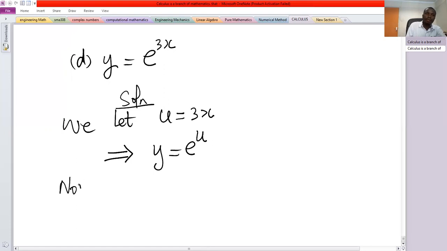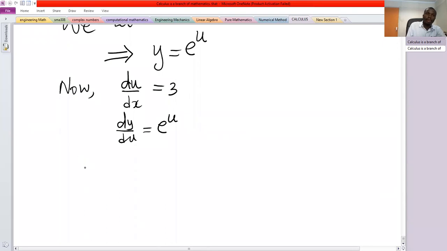Now du dx from this equation will be 3, and dy du from this one, when we differentiate exponential, we remain with exponential.